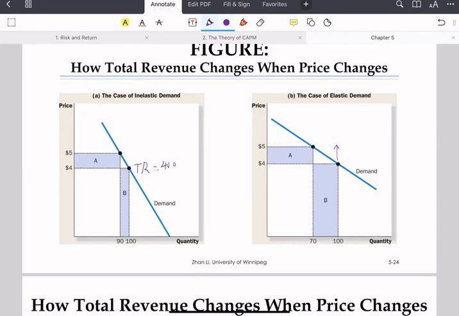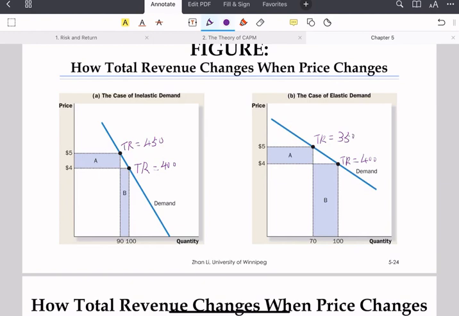And here, the total revenue equals 5 times 90. So it's 450. And then we will do the same for this graph on the right hand side. So here total revenue equals 4 times 100. Here total revenue equals 5 times 70, which is 350.